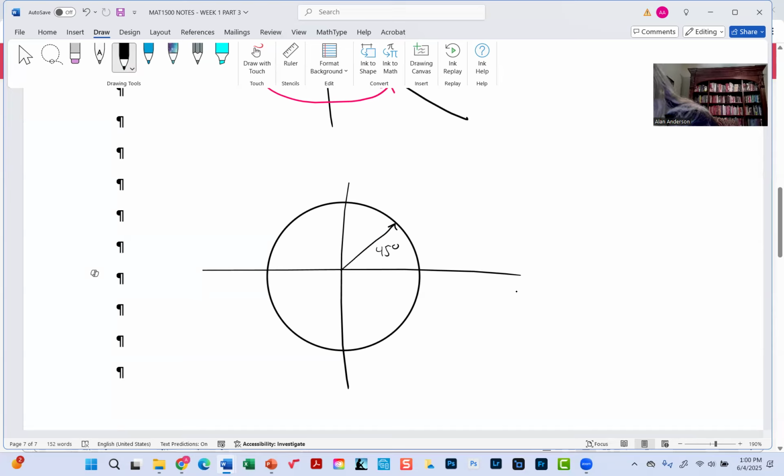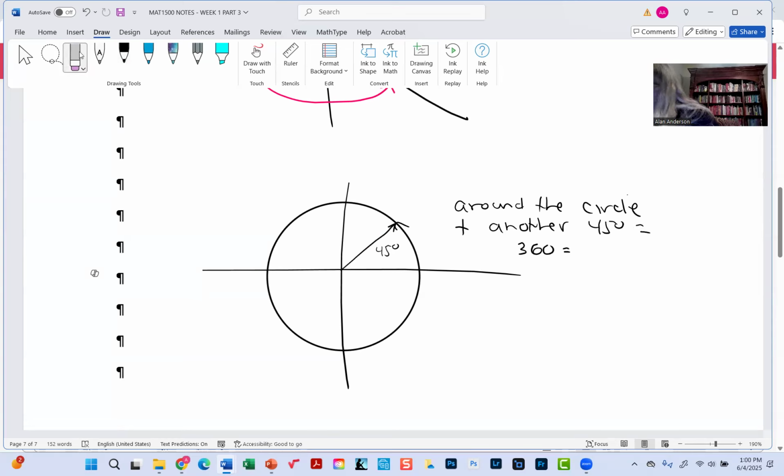So a round circle plus another 45 degrees is officially considered to be 405 degrees. But 405 and 45 are the same thing, because in one case you went all the way around.